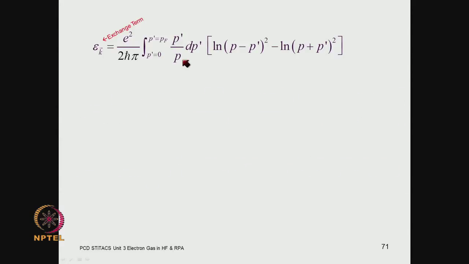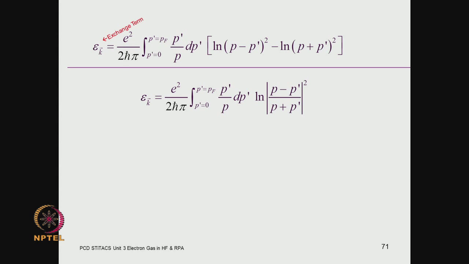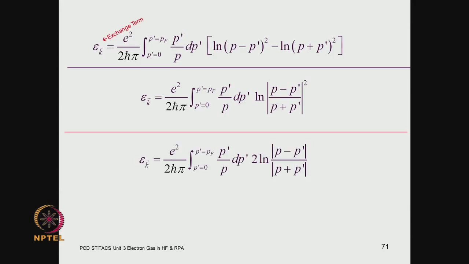So, we have this integration over p prime going from 0 to the Fermi momentum, and then you have got this logarithmic term, and you can play with this logarithmic term a little bit and write it in this form. These are straightforward substitutions.